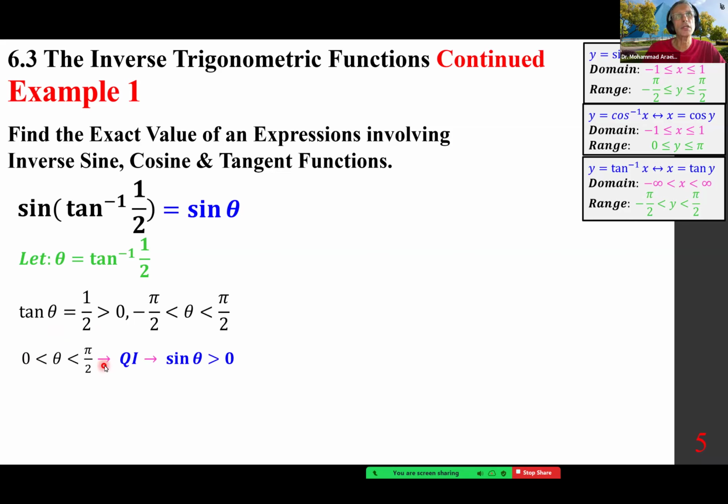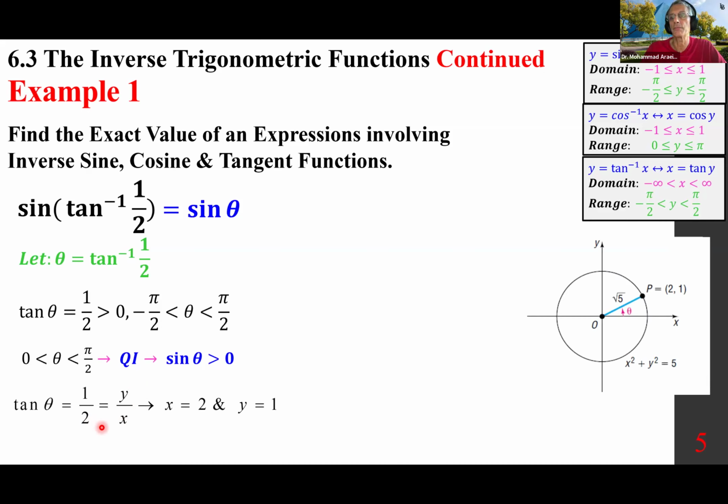So if tangent is 1/2, we can go with two methods. Remember, tan theta is y over x. So that means y is 1, x is 2. And sine theta is y over r. We have to figure out the r. It's x squared plus y squared equals r squared.